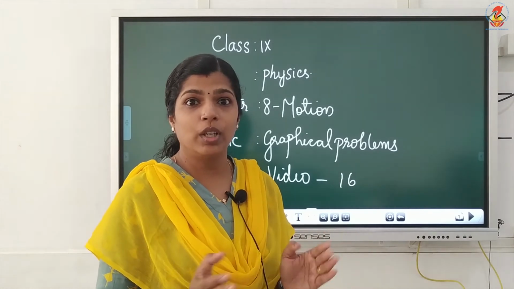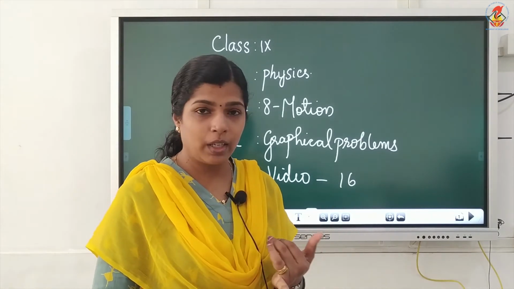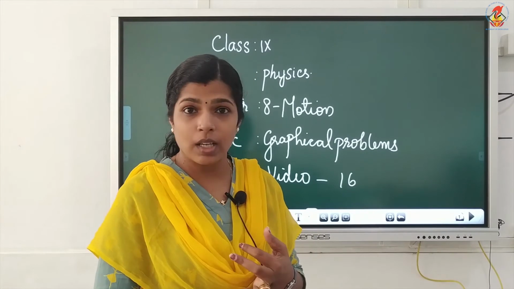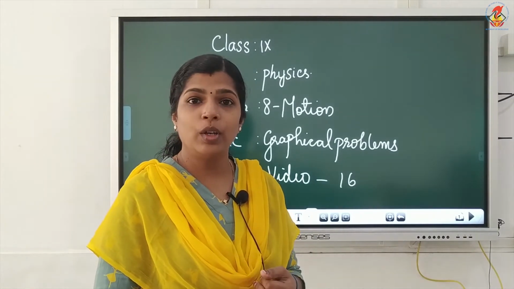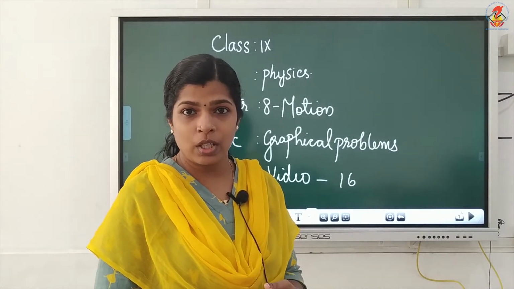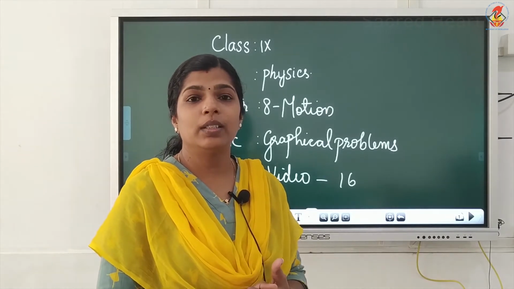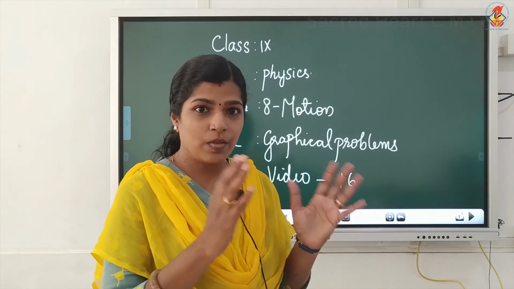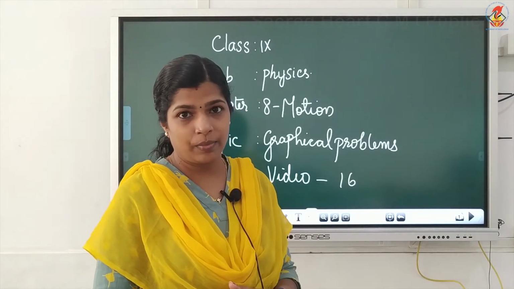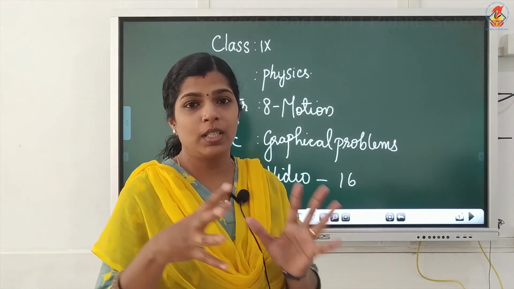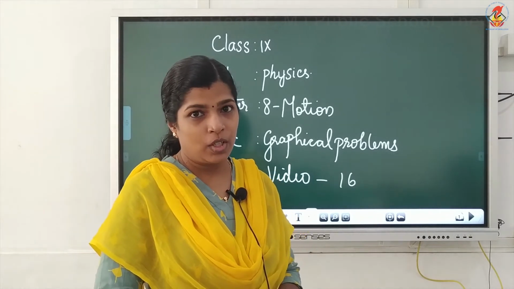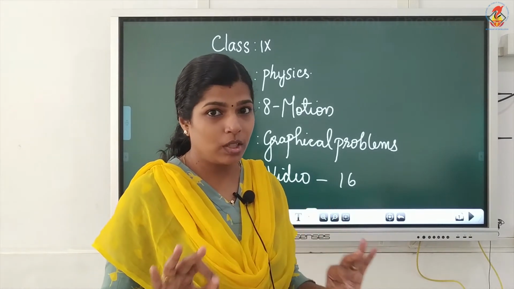Sometimes you will get a trapezium and a rectangle together, so half into (a plus b) into h plus l into b. Otherwise, you may get a shape like triangle plus rectangle, so half bh plus l into b. Here we can't use the equations.